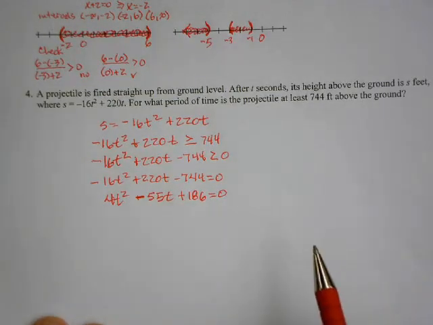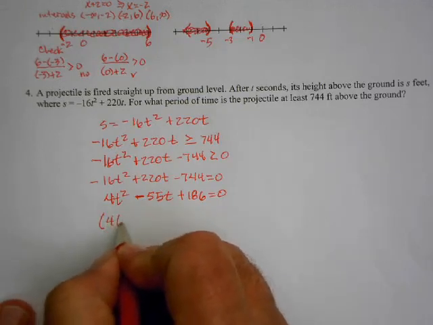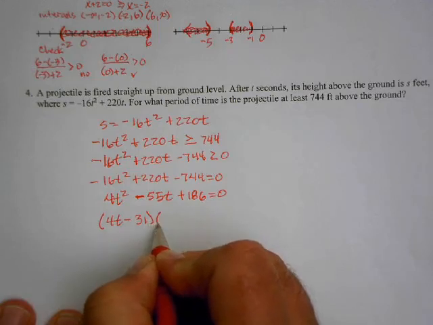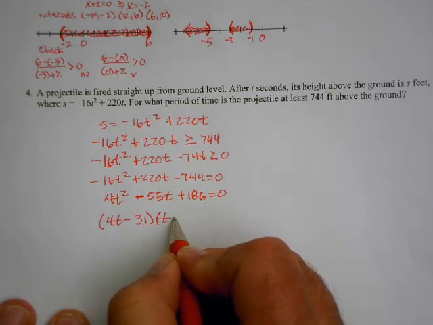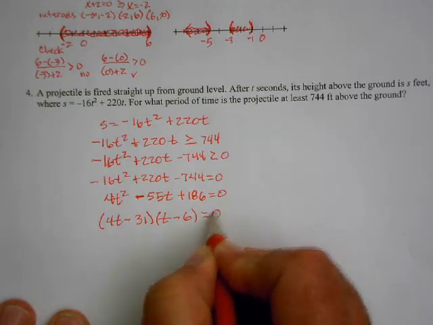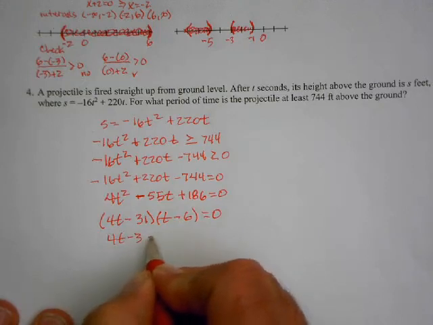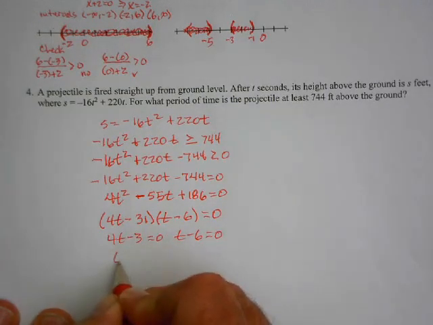It does turn out this factors, but it's not an easy one to work out by trial and error. So you could do it by the quadratic. And so 4t minus 31 equals 0, t minus 6 equals 0. Here the t will end up being 31 over 4, and here the t will end up being 6.